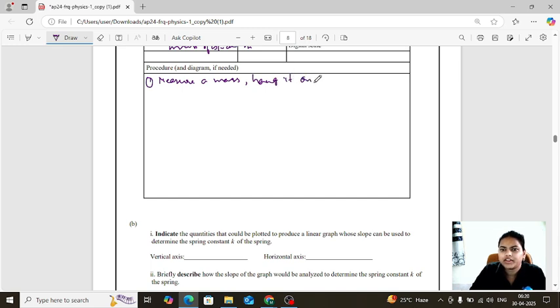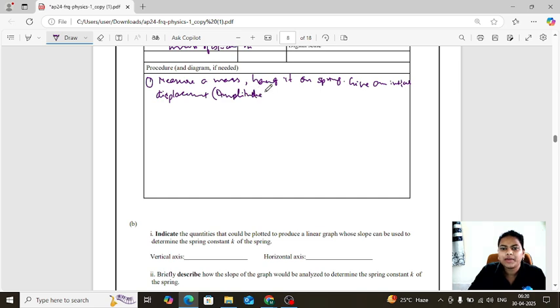Then give an initial push or displacement, which is your amplitude also. So initially you just push it down, that is the amplitude.